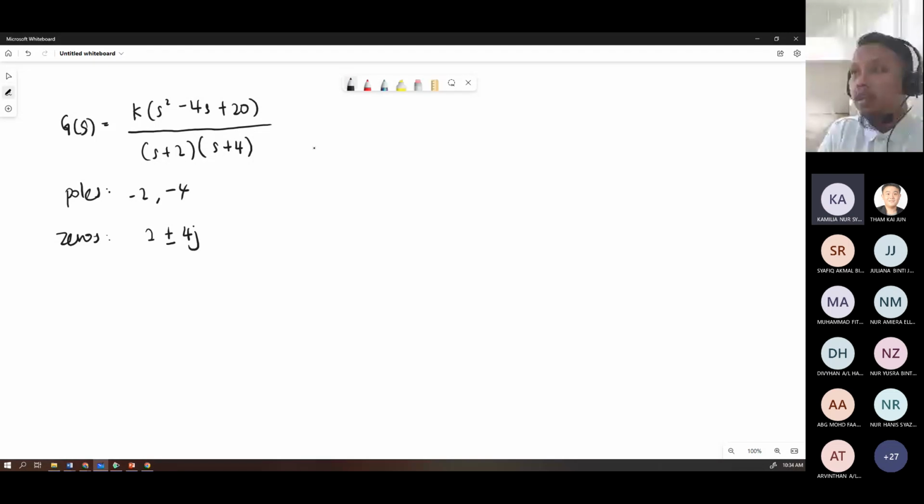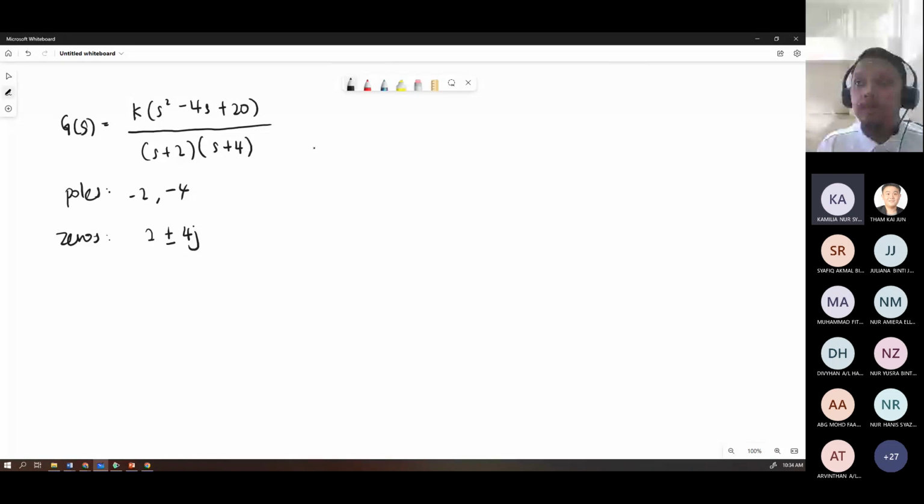So it's a complex number, meaning that you have an angle of arrival because it's a complex zero. We have 2 poles and 2 zeros, which means that we don't have to add extra poles or zeros to make them equal because they are already equal in number. From this, we know that there are 2 branches because we have 2 poles and 2 zeros.